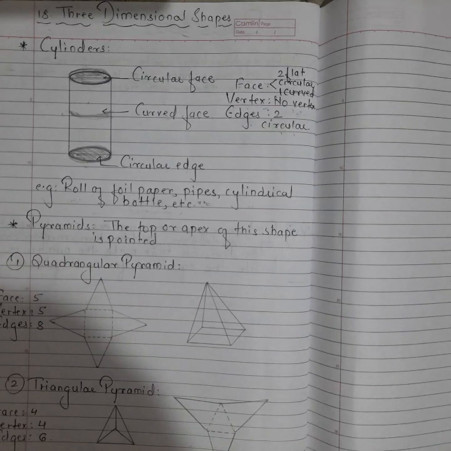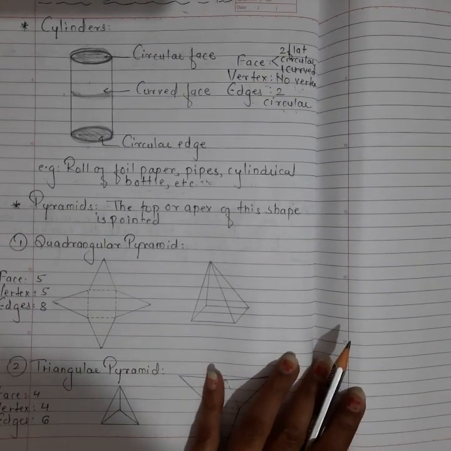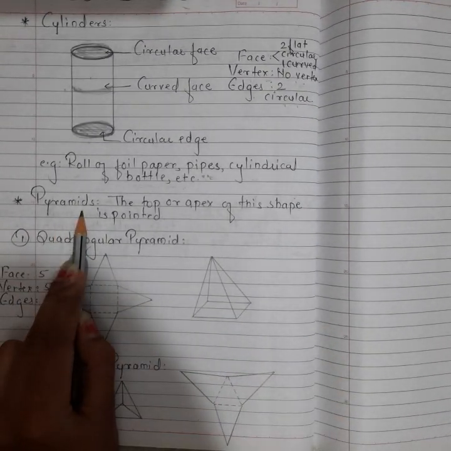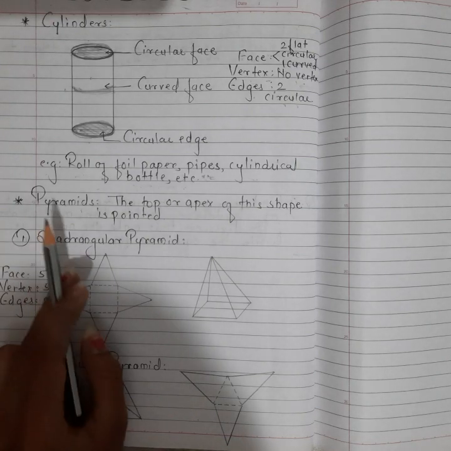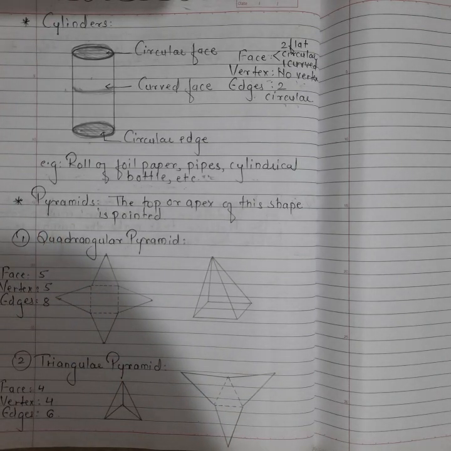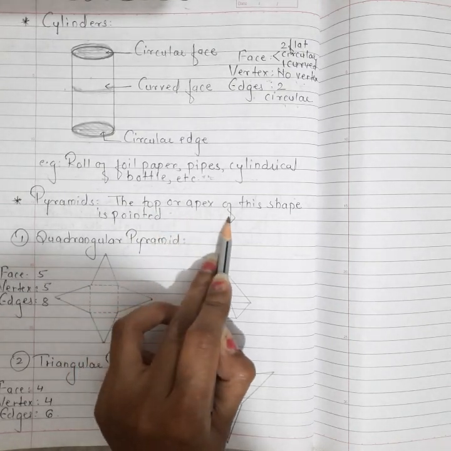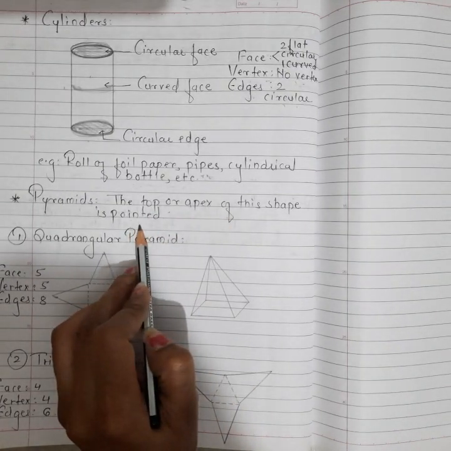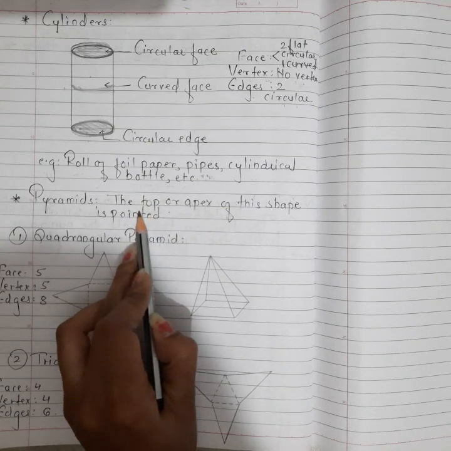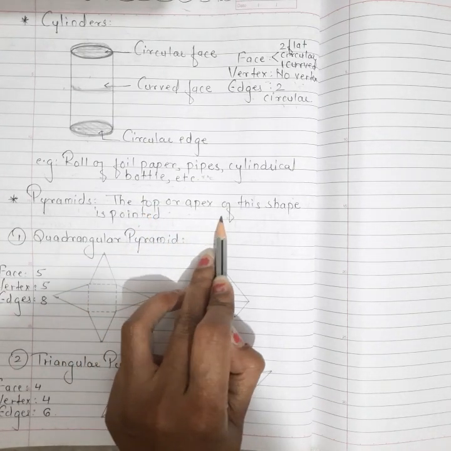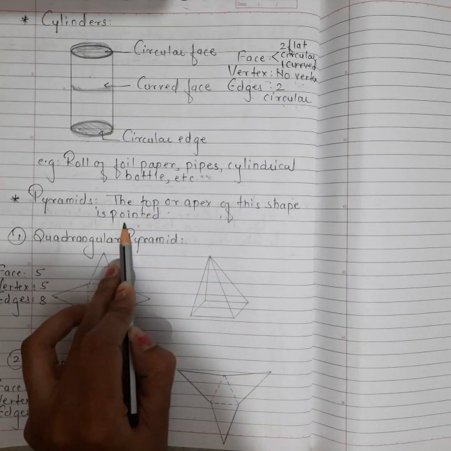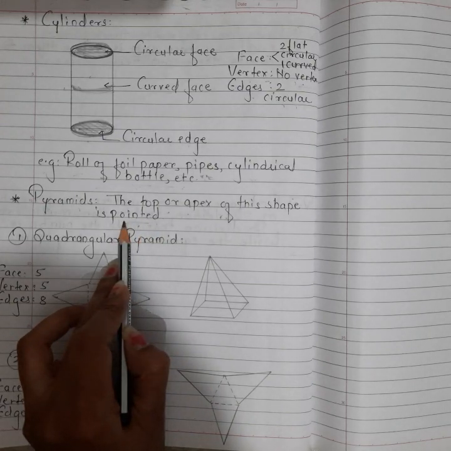Now the next shape we are going to study is pyramids. Now what are pyramids? A pyramid is a shape which has its top or the apex portion pointed. Understood? The top or apex of this shape is pointed, like a needle.